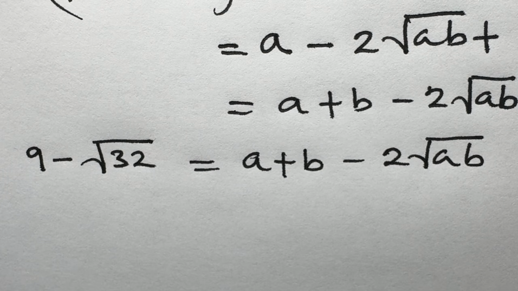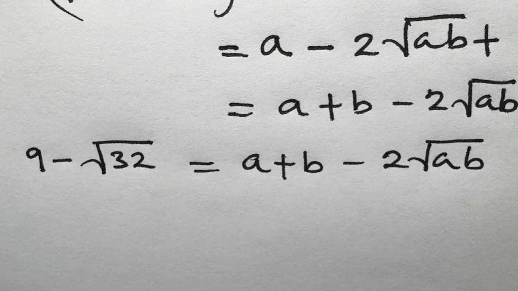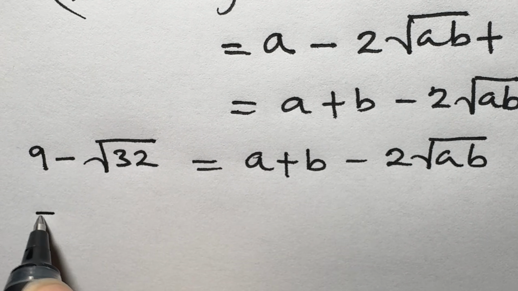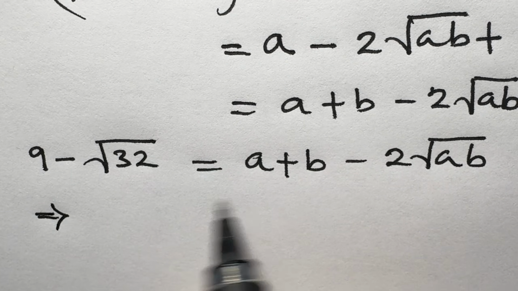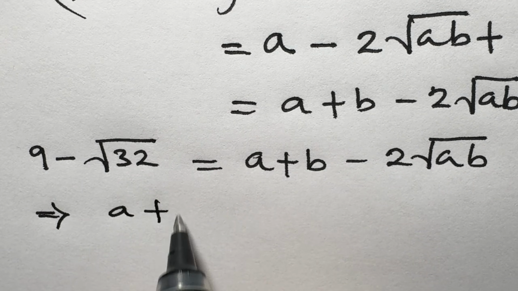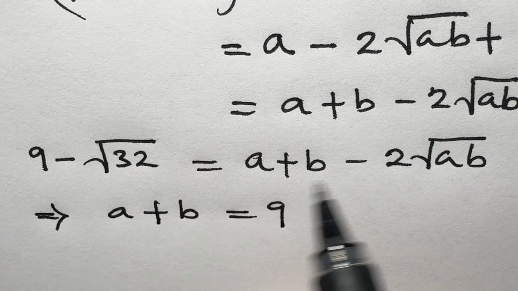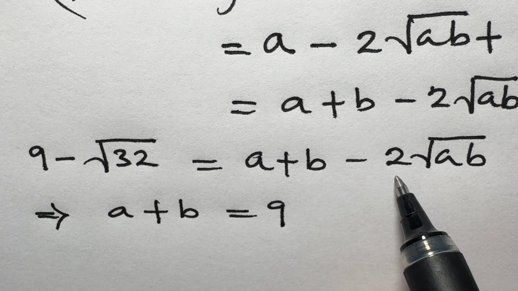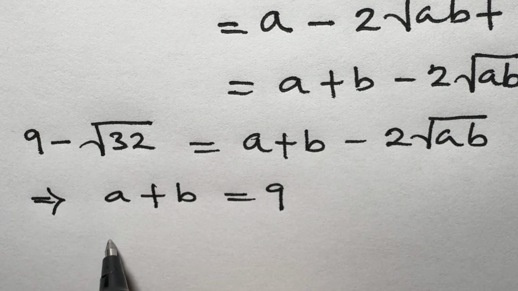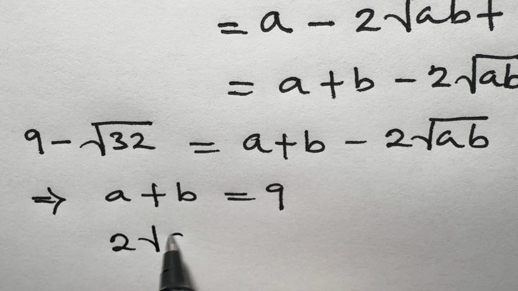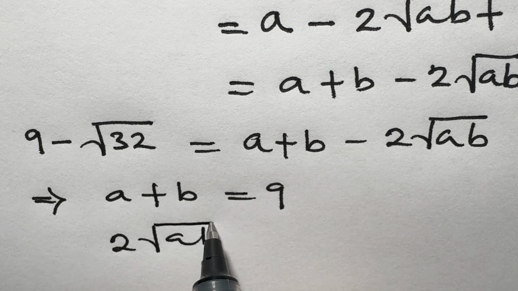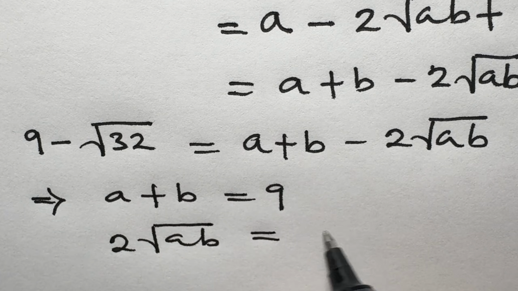I'm going to apply equality of sorts, which will imply that a plus b is equal to 9. And since this is negative and negative, then it means 2 root ab is equal to root 32.